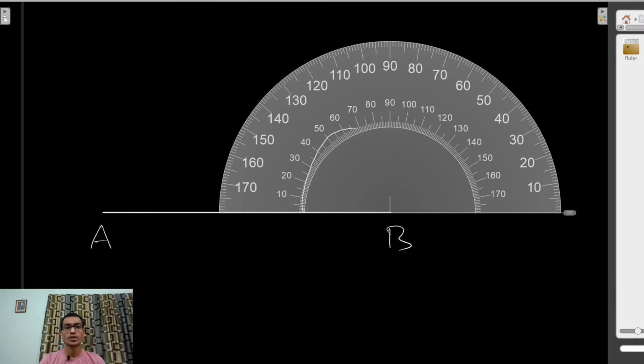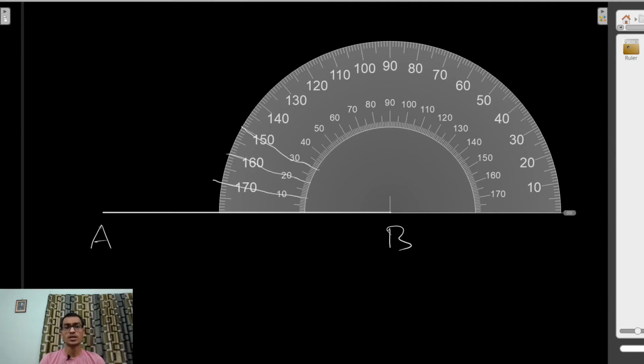Don't worry, for each point there is a corresponding point on the edge of the protractor. You will find here is also a point exactly on the same line, so we will mark over here.